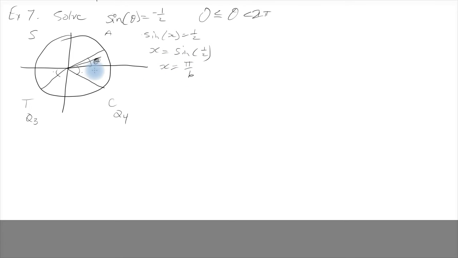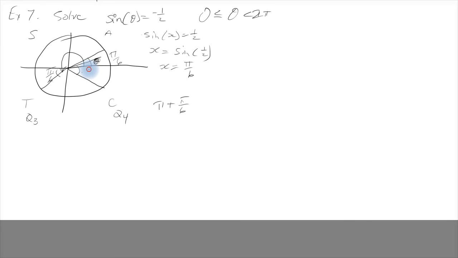So this first quadrant angle here is pi on 6. But we're not looking for that, because that is when this is positive. To get our solutions to make this negative, this bit here is pi on 6, and this bit is pi on 6. To get the proper angle that we're looking for, it is pi plus pi on 6.